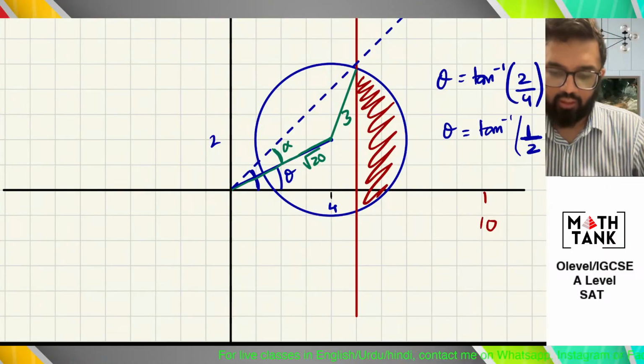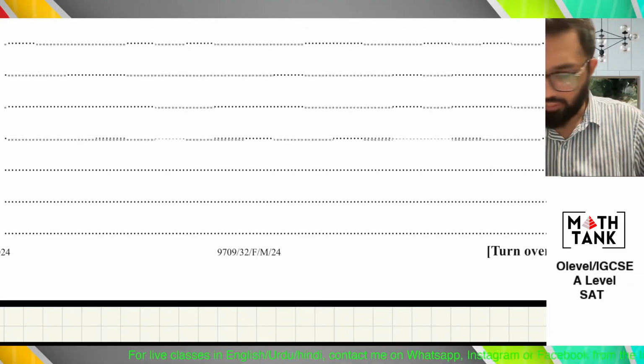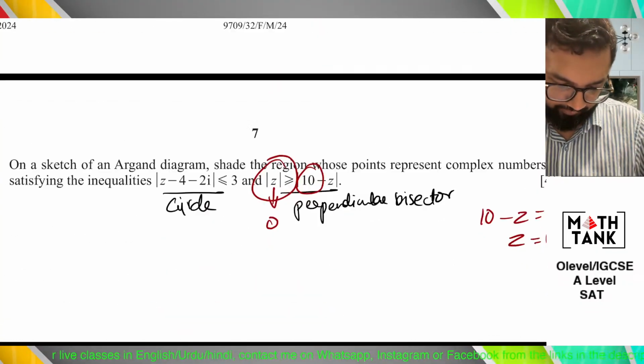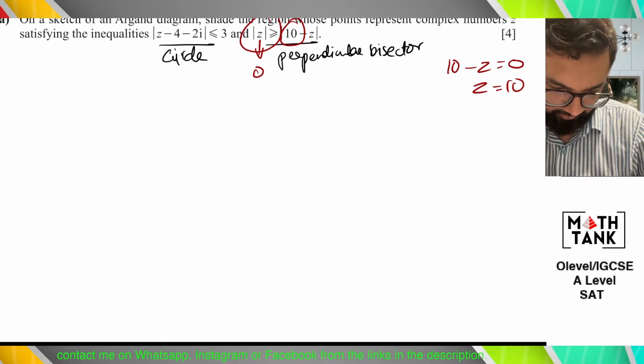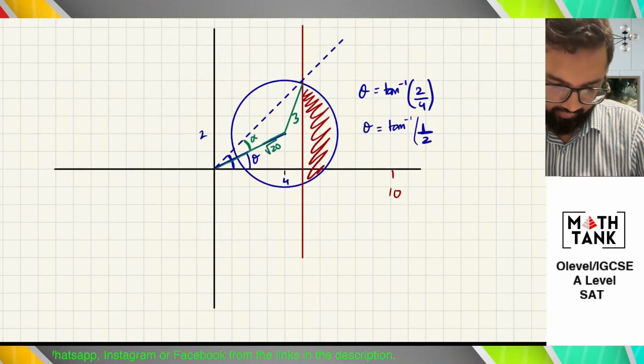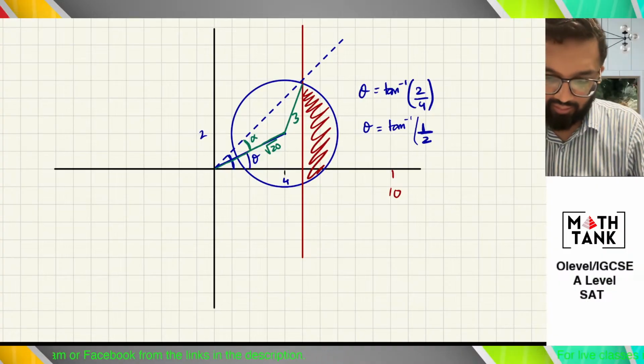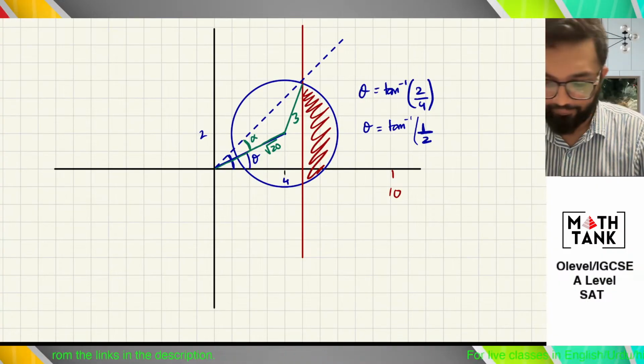Have I missed something in this question? A 2 mark question, and it's taking very long to solve. Let's see.